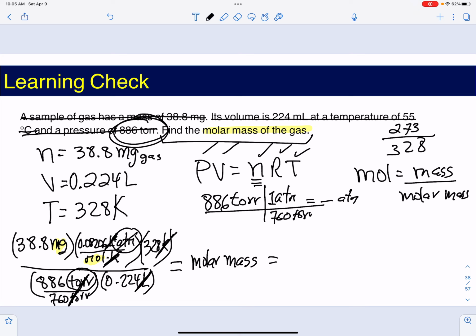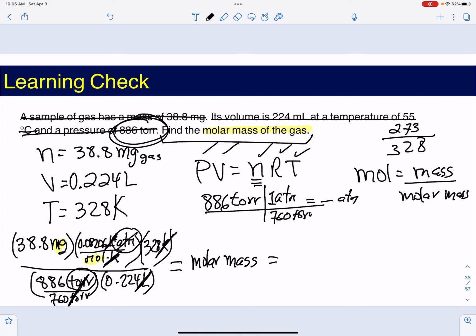So 38.8 milligrams multiplied by 0.08206 multiplied by 328 divided by, I put this in parentheses, divided by 886 divided by 760, close parentheses, and all that divided by 0.224.